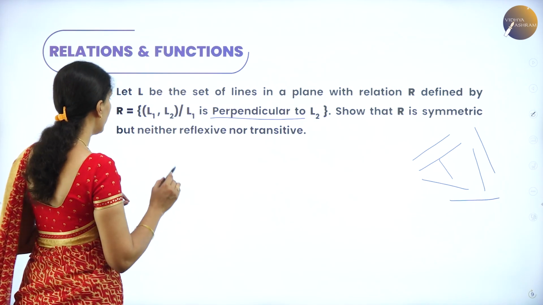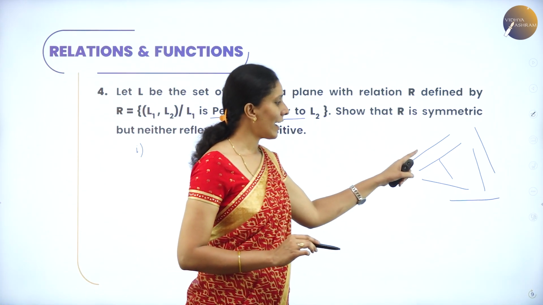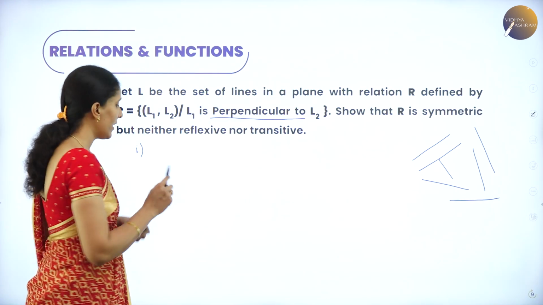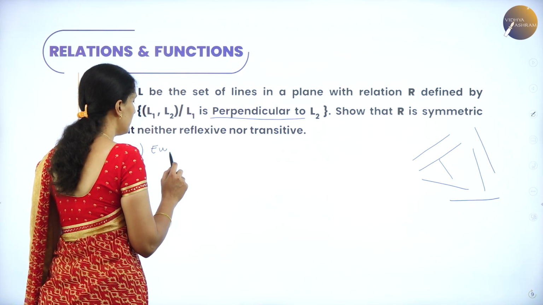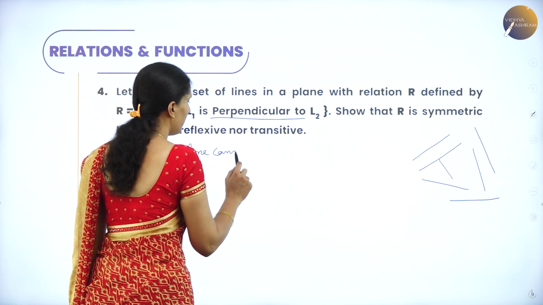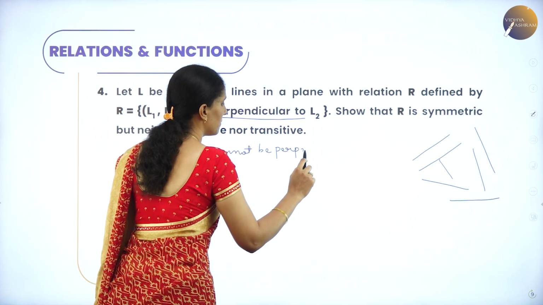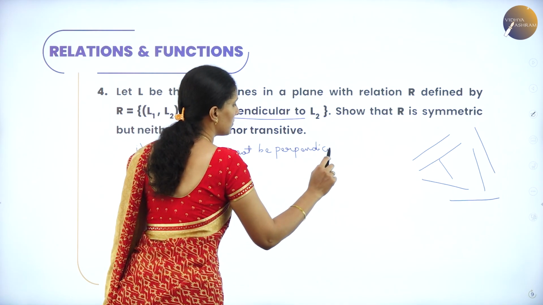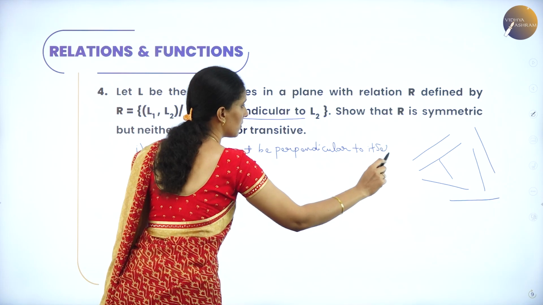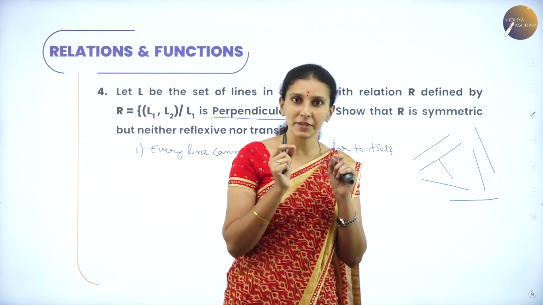Now let us show the first case, the reflexive case. We know that a line cannot be perpendicular to itself. So therefore, what I can write? Every line cannot be perpendicular to itself. Perpendicular means the angle between the two lines must be 90 degrees.